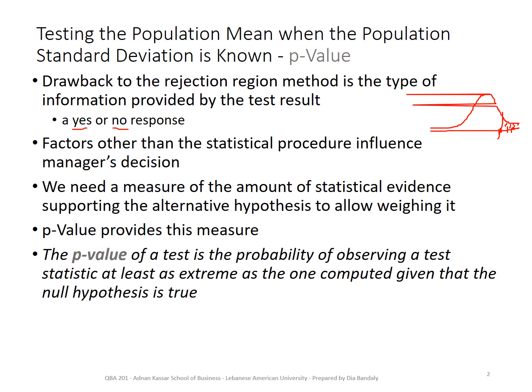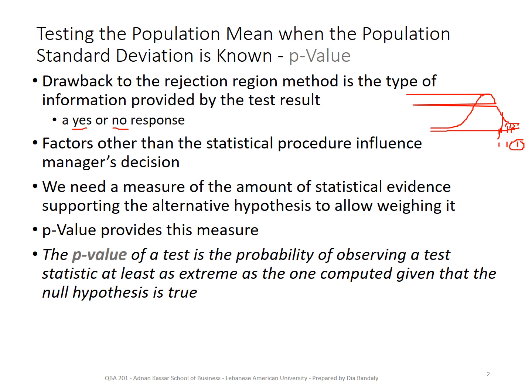But we know that the probability of finding this value or that value or that value is not the same. Here, it's very unlikely to see that, which is very, very strong evidence. And you see these three values give us the same conclusion that we reject, but we cannot quantify that.